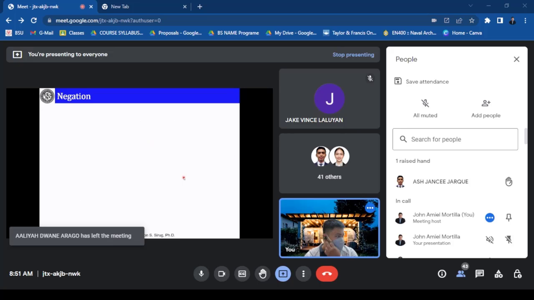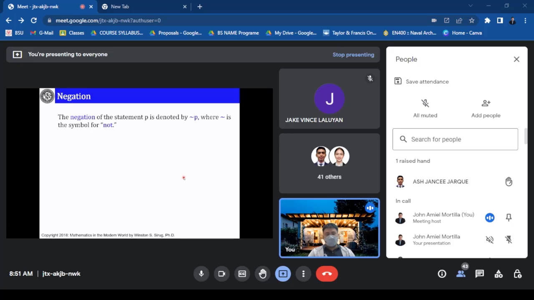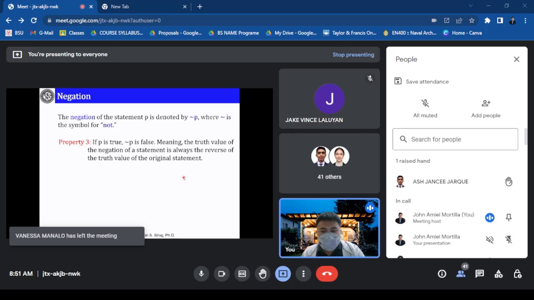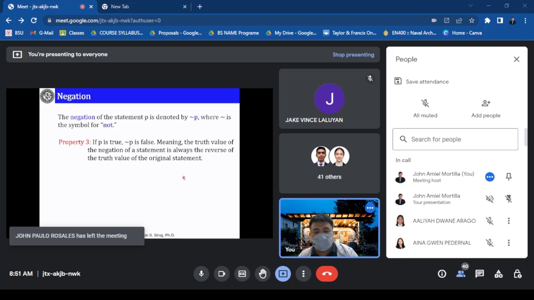Okay. So, sa next, meron tayong negation. Negation of the statement is denoted by not P, where the tilde symbol is the symbol for not. Okay, so property number 3 of a compound statement: if P is true, not P is false.